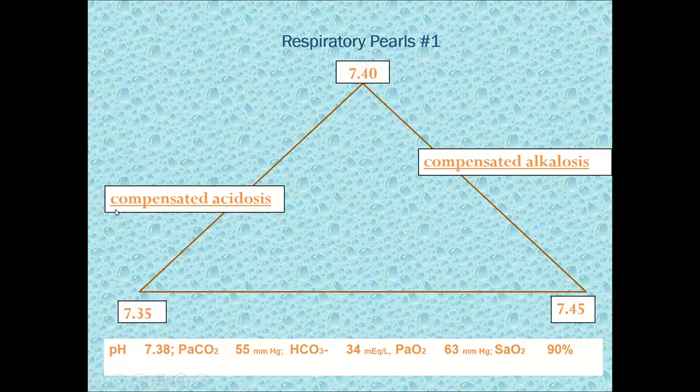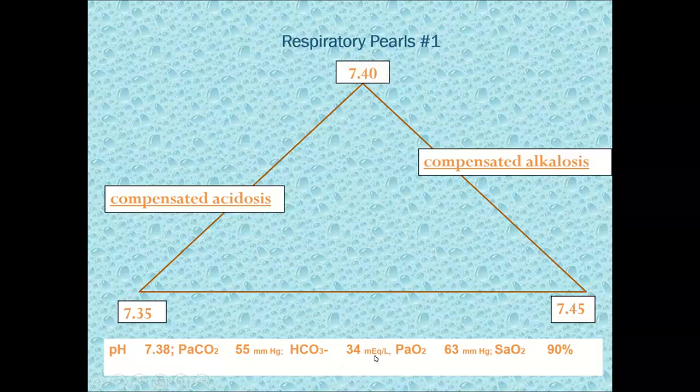We know that it is a compensated acidosis, and the reason is that any long-term COPD patient is going to have compensation on a chronic basis. In other words, the kidneys are going to chronically either make more bicarbonate or hold on to bicarbonate.